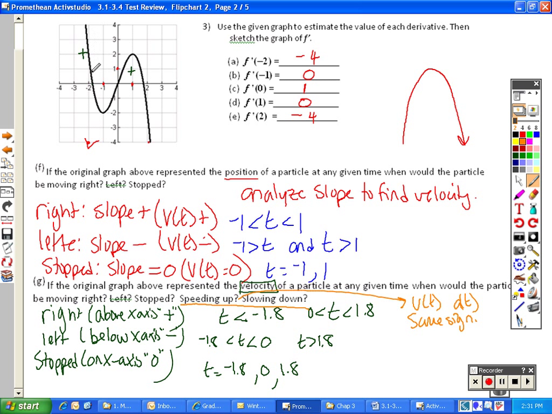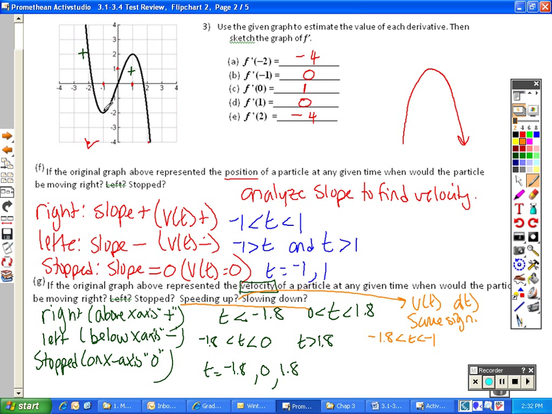Here v of t is positive, yet acceleration, the slope of velocity, is negative because it's decreasing, so not here. From about this negative 1.8 to about negative 1, v of t is negative, and so is your acceleration because the slope of this part is negative. So it's speeding up from about negative 1.8 to negative 1.